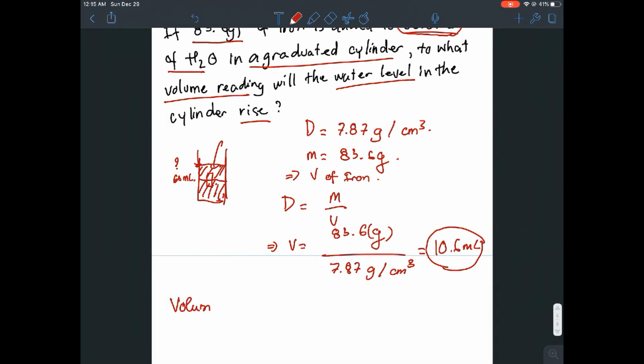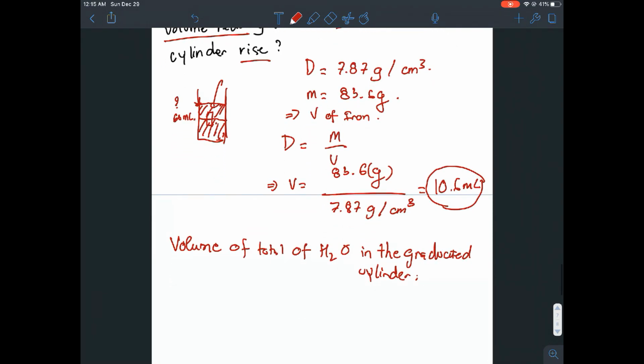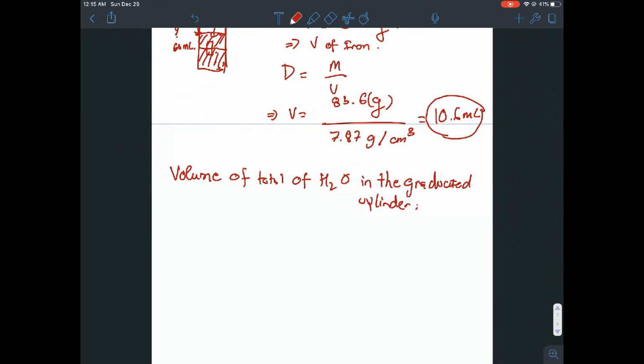Therefore, the total volume of water in the graduated cylinder is equal to the sum of the iron and the water, that is 60.0 milliliter plus 10.6 milliliter, and we have 70.6 milliliter.